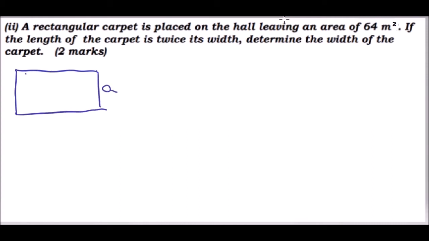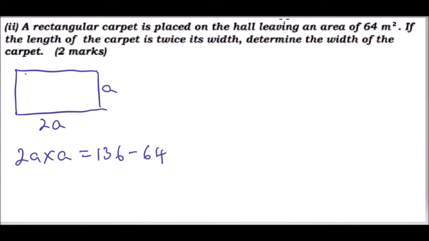Let's call the width A. Therefore, since the length is twice, it is 2A. Therefore, to get the area, it is 2A multiplied by A is equal to the area of the floor, which was 136, minus the area that was left, which is 64.